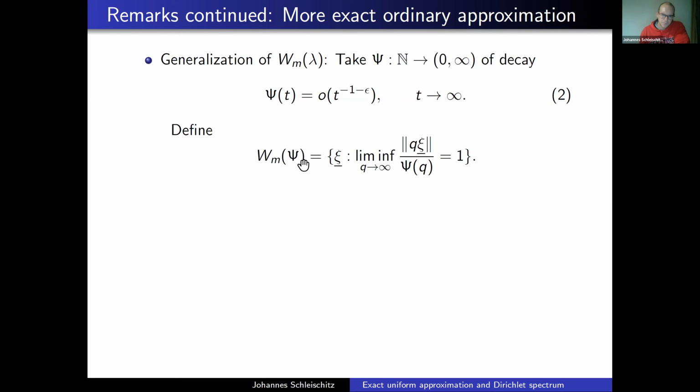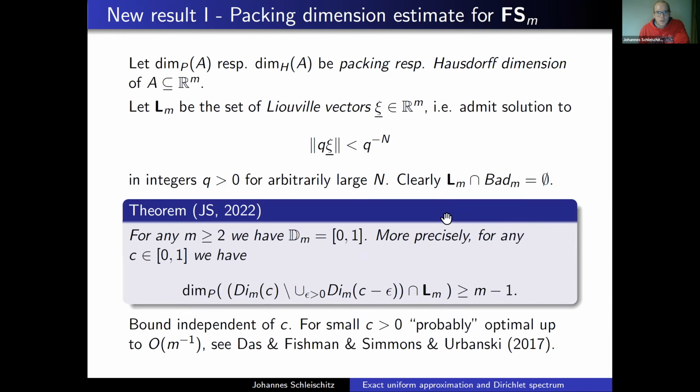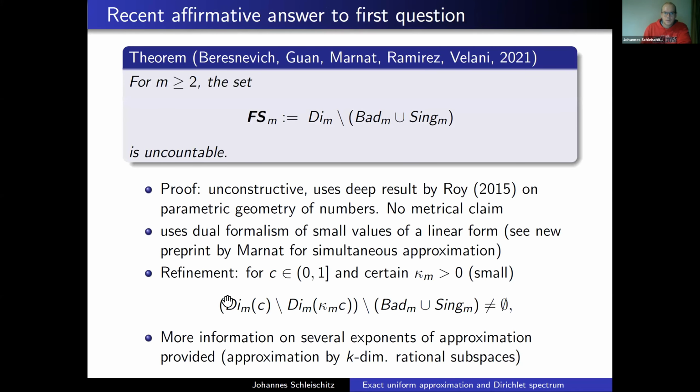A direct consequence of the result that the Dirichlet spectrum for simultaneous approximation is everything is that, in fact, okay, let's go back to this refinement for C in 0 1. This paper by these 5 authors gives you some kappa m, where this is also not empty, right?